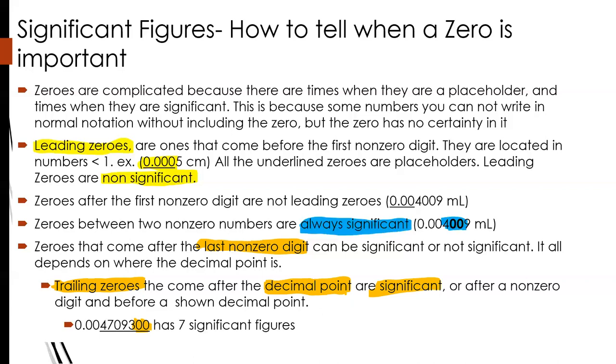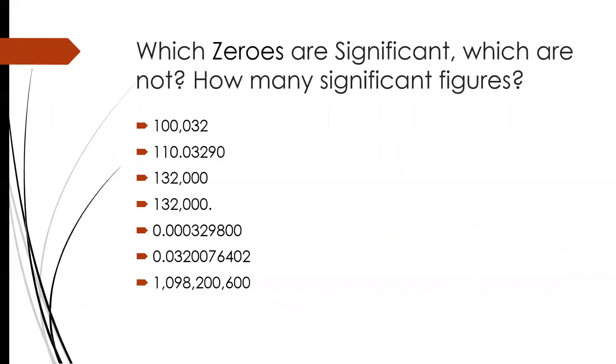So let's do a little practice with this. For each of these, we want to think about which ones are significant and which ones aren't. So these 3 zeros here, we would consider those trapped because they're coming between 2 non-zero numbers. And so if we wanted to list the total number of significant figures, this should be 6. On this second one, we have 2 types of zeros.